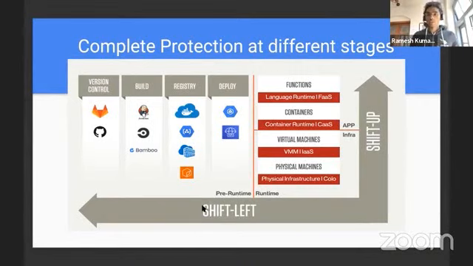And there is something called shift up. Shift up means that we have been talking about security, so we secure physical machines and virtual machines in the cloud. Physical machines are the actual hosts, and virtual machines are the VMs that we already spoke about. But there is something called container runtime. Container runtime means all the runtime protections, and of course on top of which there is FaaS. We would have heard of AWS Lambda.